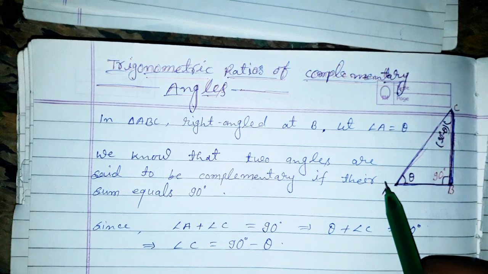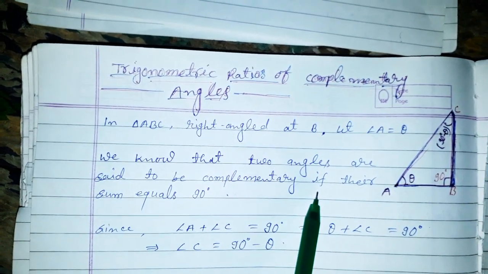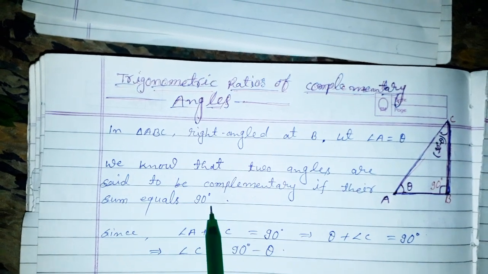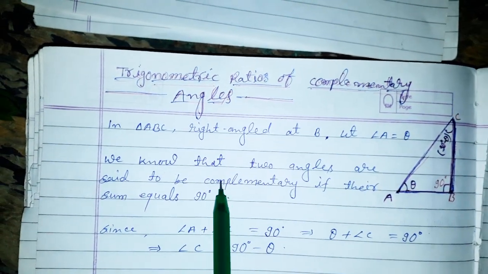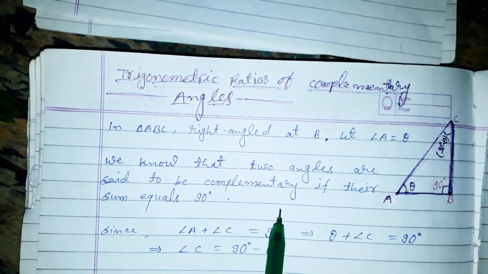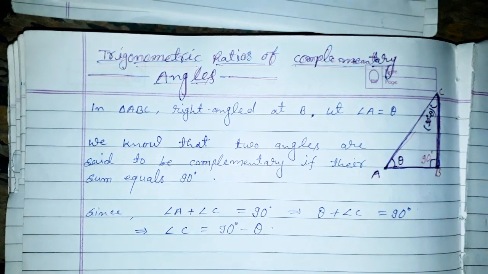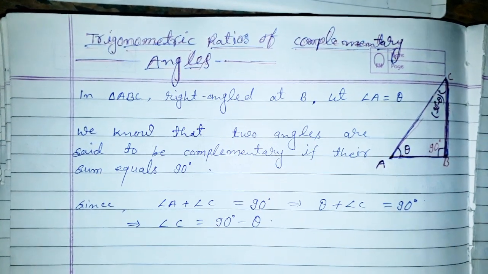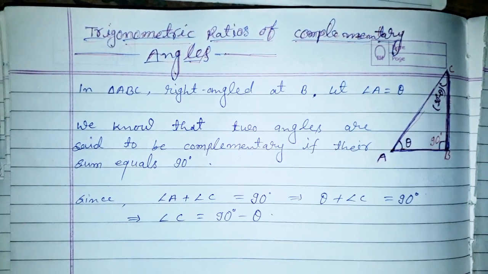We know that two angles are said to be complementary if their sum is equal to 90 degrees. We learned the theorem of complementary angles in the previous class, class ninth, along with complementary and supplementary angles.